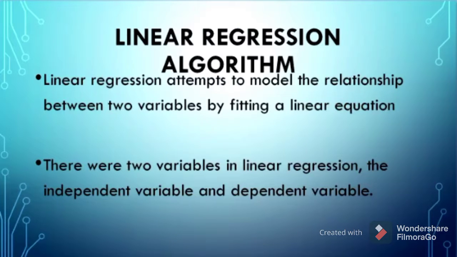Linear regression attempts to model the relationship between two variables by fitting a linear equation. There are two variables in linear regression, the independent variable and the dependent variable. Linear regression is used to estimate the relationship between two quantitative variables, the independent or explanatory variable and the dependent variable.